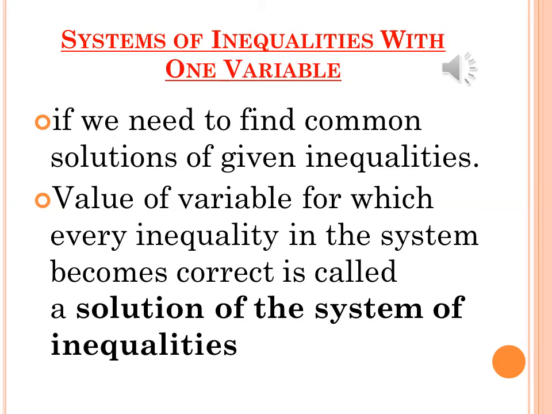Now let's speak about systems of inequalities with one variable. What is meant by a system is two inequalities. If we need to find a common solution for the given inequalities, we have to solve the first inequality and get the result, and also the second inequality and get the result.